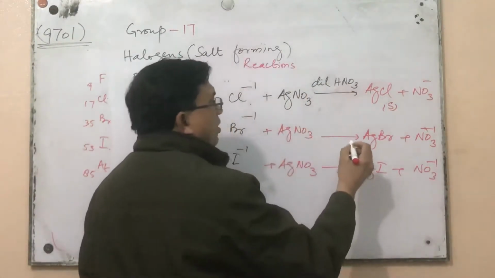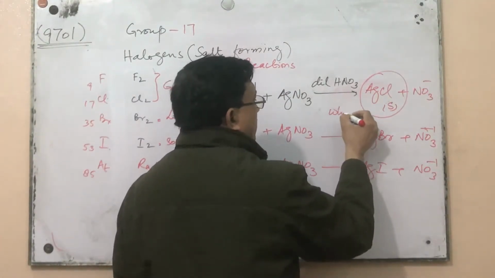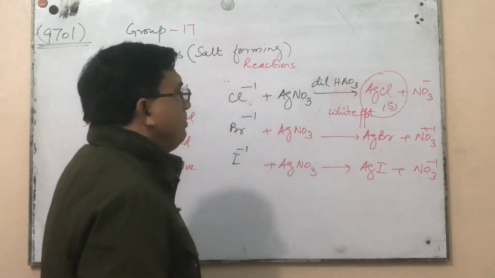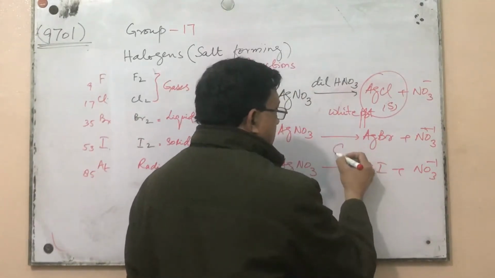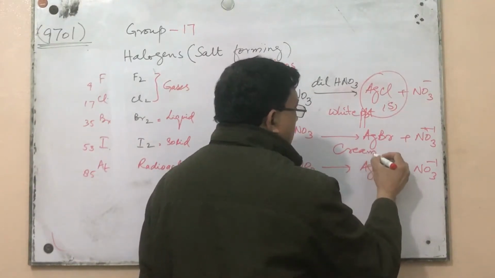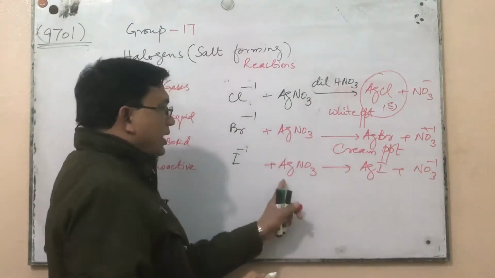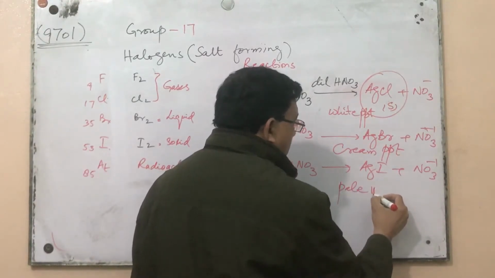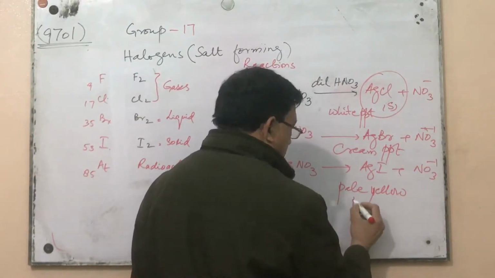Now, the color of AgCl will be white. White precipitate, PPT, will form, and in case of bromide ion, cream colored precipitate will form, and in case of silver iodide, pale yellow precipitate will form.